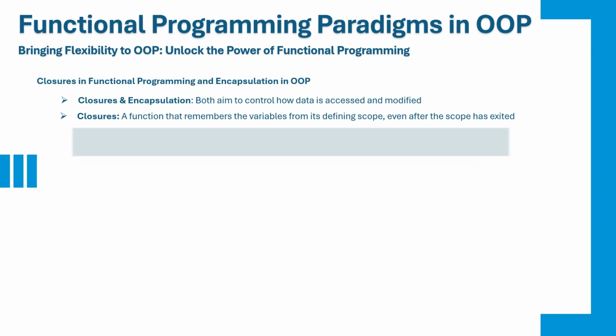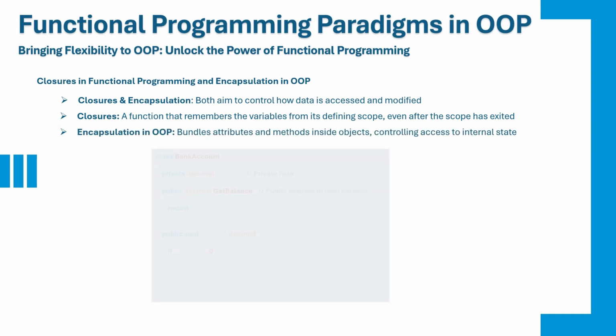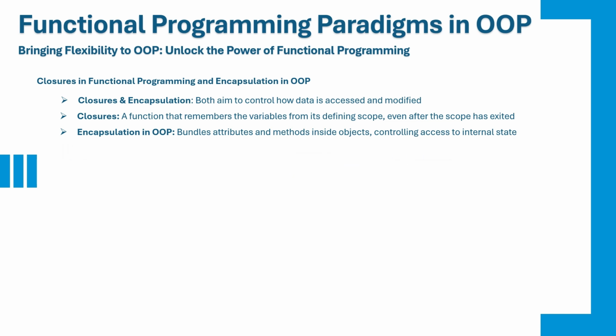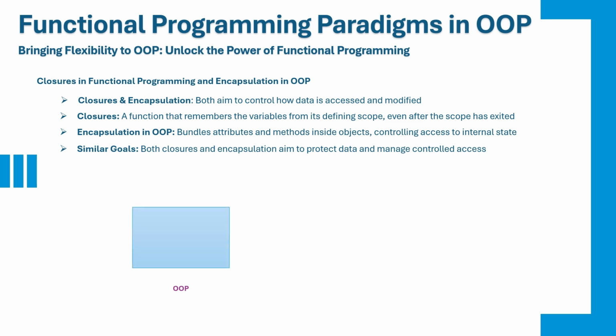In object-oriented programming, encapsulation bundles data and methods inside an object. You use access modifiers like private or getters and setters to control what can be accessed or modified from the outside world. Both closures and encapsulation share a similar purpose. They protect internal state by providing controlled access.